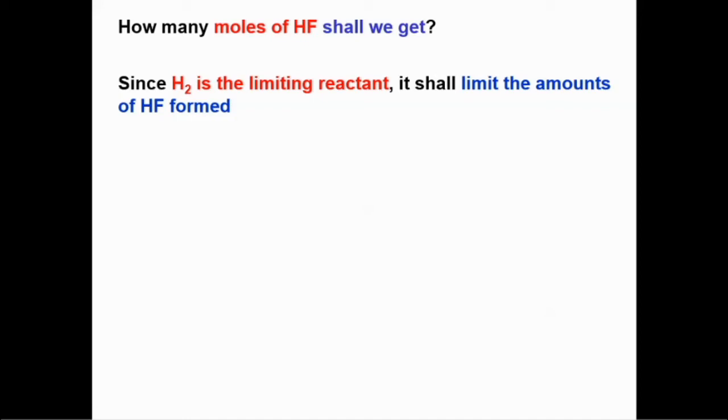Since hydrogen is the limiting reactant, remember the definition: the reactant which is completely consumed in a chemical reaction and limits the amount of products formed. So in this case, this hydrogen shall limit the amount of hydrogen fluoride formed.